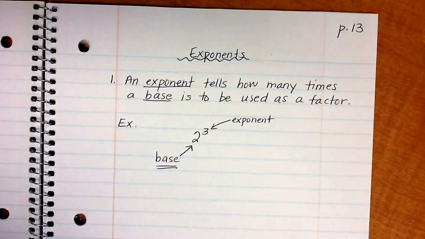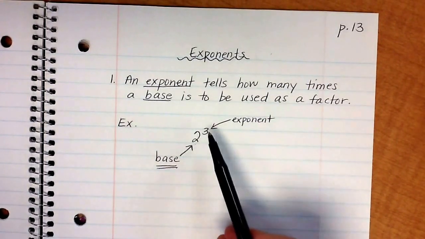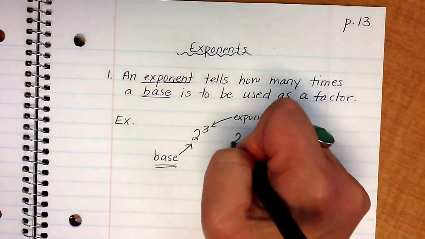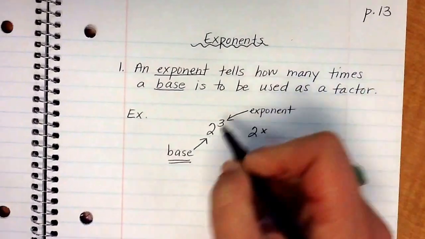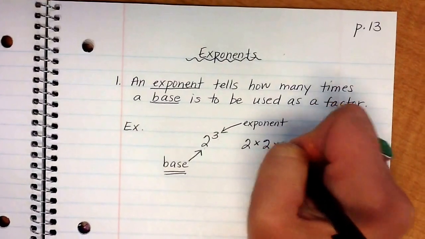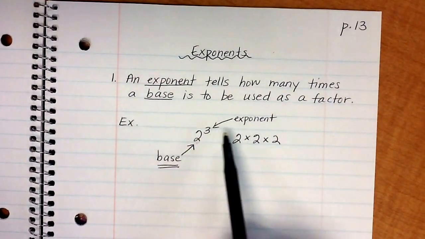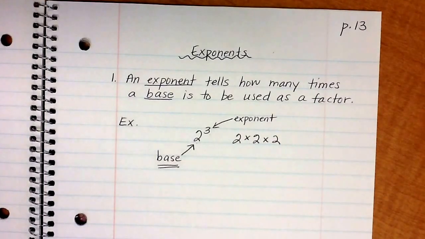When you have a base, the base is the part that gets multiplied this many times. So 2 times 2 times 2. So I end up getting 3 number 2's. 2 times 2 times 2, or 2 3 times.